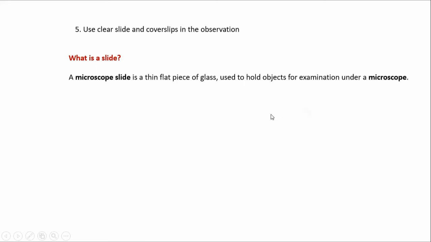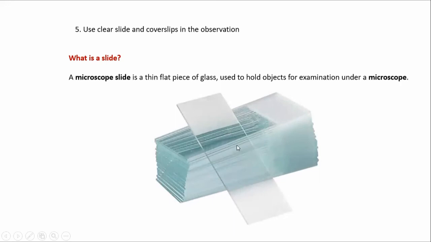Here is the picture of a microscopic slide. Whatever your specimen is, or any object that you're about to observe under a microscope, you need to place it on this glass slide. Then you fix this glass slide on the stage of the microscope for observation.